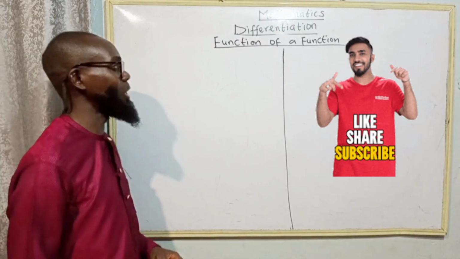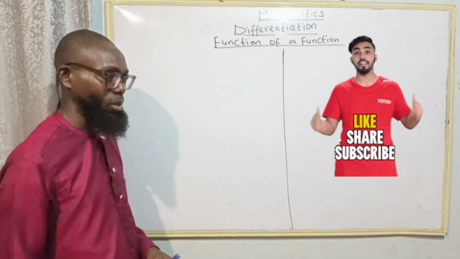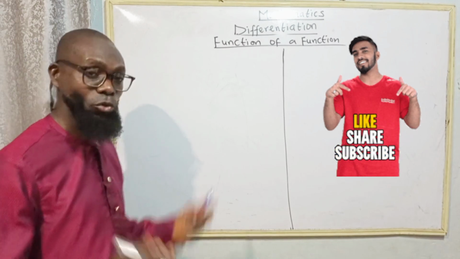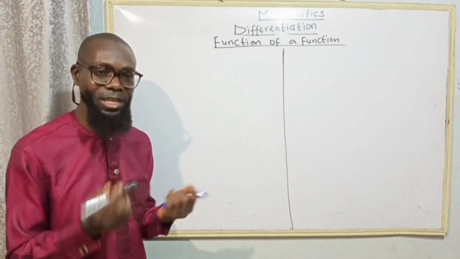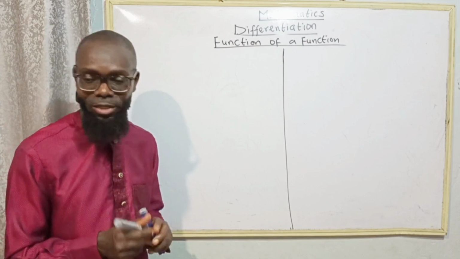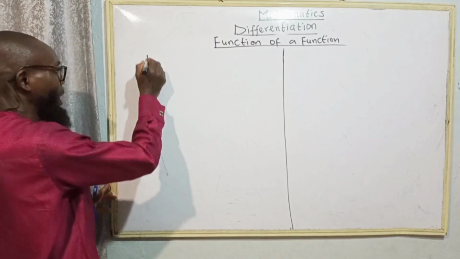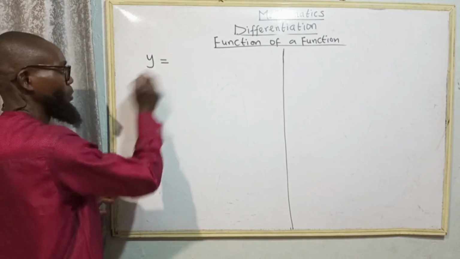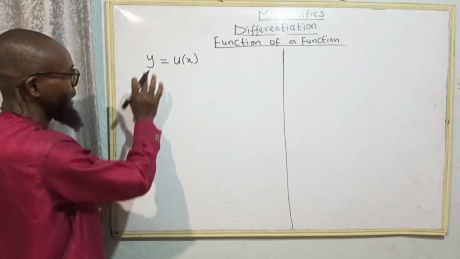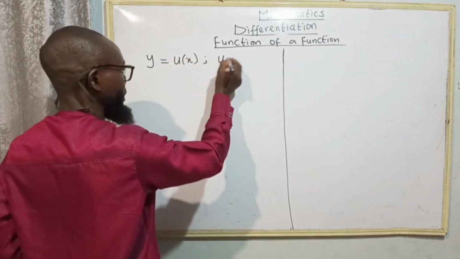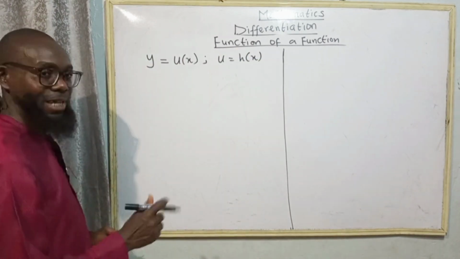The second principle in differentiation is function of a function. That is, we have two functions in which the second function is inside the first function, while both of them are a function of x. For instance, when we have y equals u of x, where this u itself equals h of x, how do we find the dy dx?